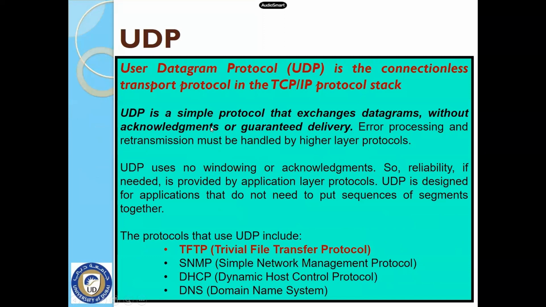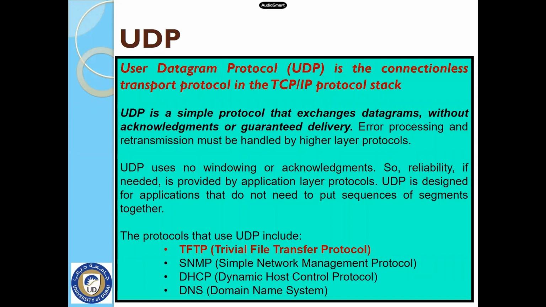Okay, now we'll talk about the UDP, the User Datagram Protocol. It's a connectionless transport protocol, and a simple one. It just exchanges datagrams without acknowledgements or guaranteed delivery. So basically, it is like sending a message over regular mail to somewhere else in the United States.